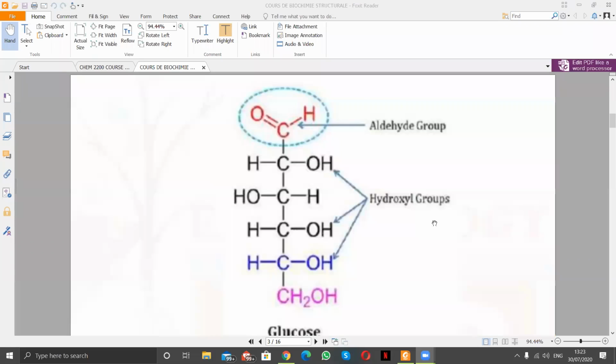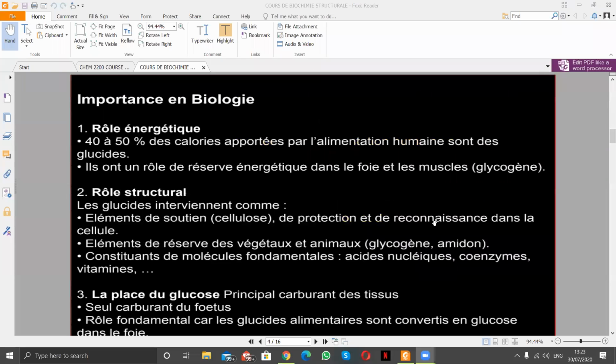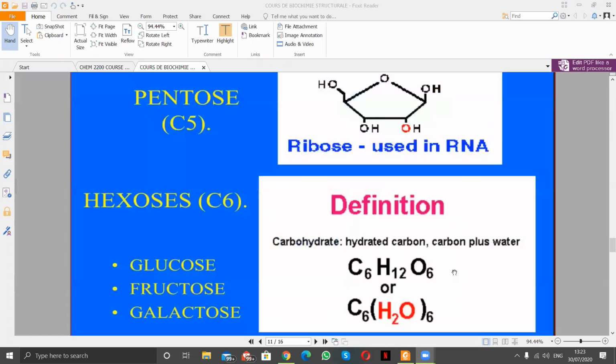Then we come back here. You see this formula? This is the formula for glucose.